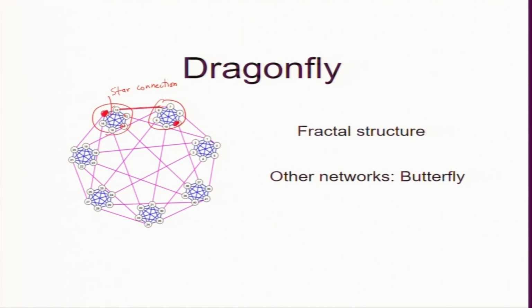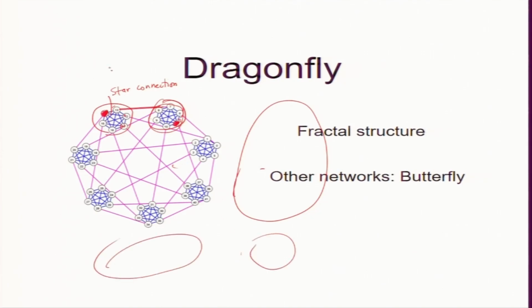It is all to all within this block, but if I make that one unit, then again it is all to all. But then I can make similar units like this, 6 of them, and again connect them. In a similar way, that will be a level 3 structure, and that is a fractal structure.